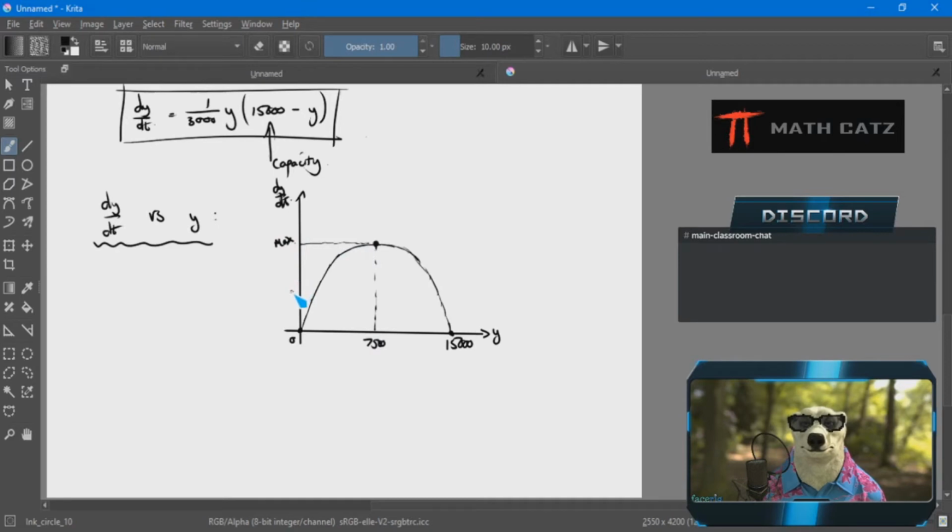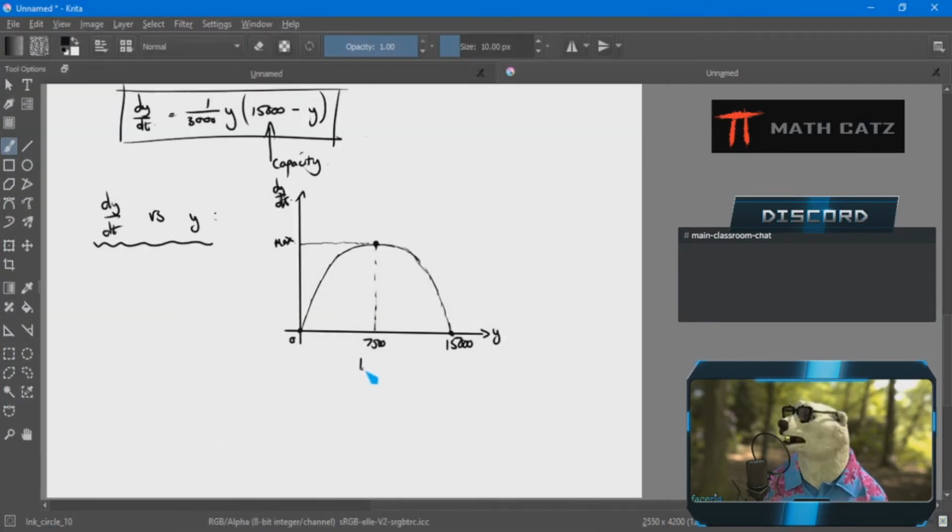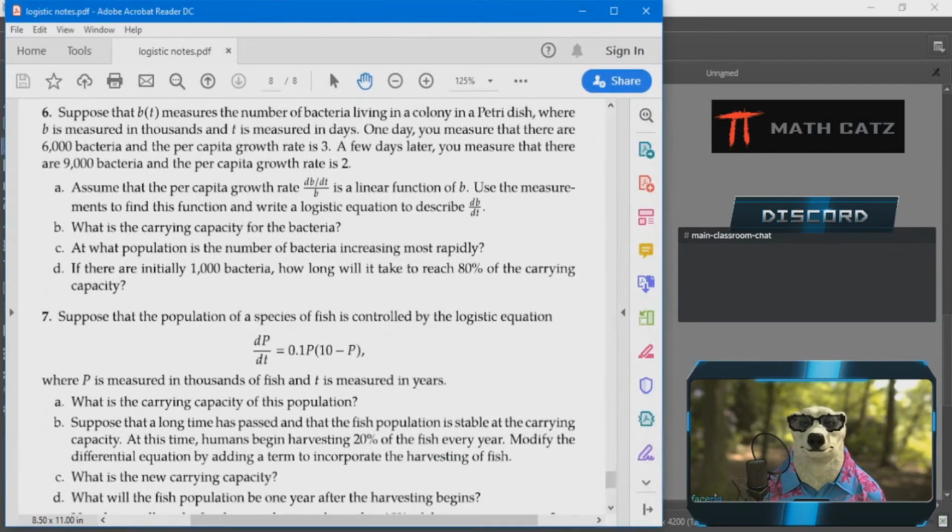I can calculate it, but that's not the point. They are specifically asking, at what population do I hit that maximum? And then you can also ask, when is that happening? Maybe I want to know when I'm going to hit this highest growth rate. But for that, we need to solve this differential equation and find the function that has time in it.